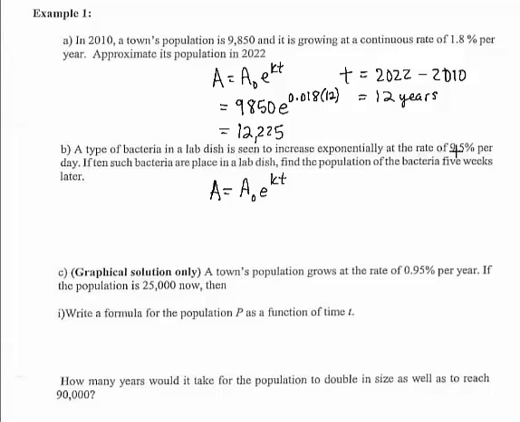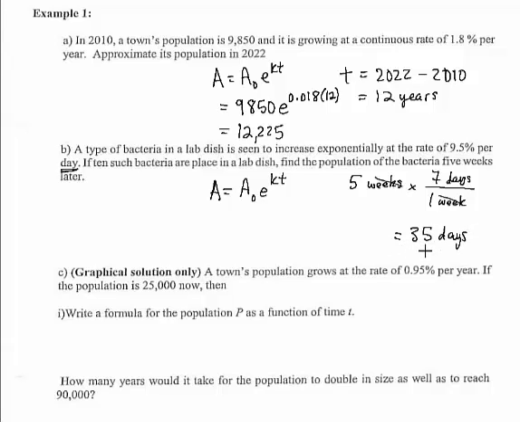The rate, the 9.5%, is based on days. So we shouldn't put 5 in the place of T. We want to put 5 weeks in terms of days. If we convert that to days, well, there's 7 days in a week. Seven times 5, 35 days.